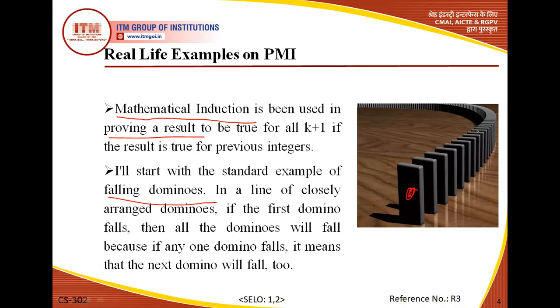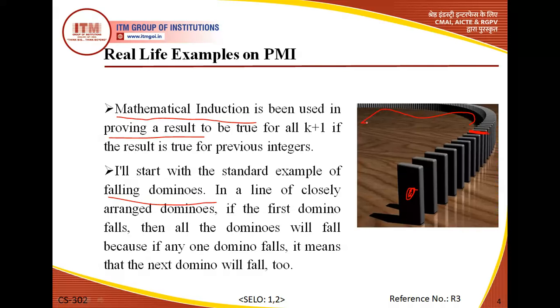Then let's see for some domino. Let's see for n equals k also. It is true, because if you touch any kth domino, it would make all the other dominoes after that fall down.